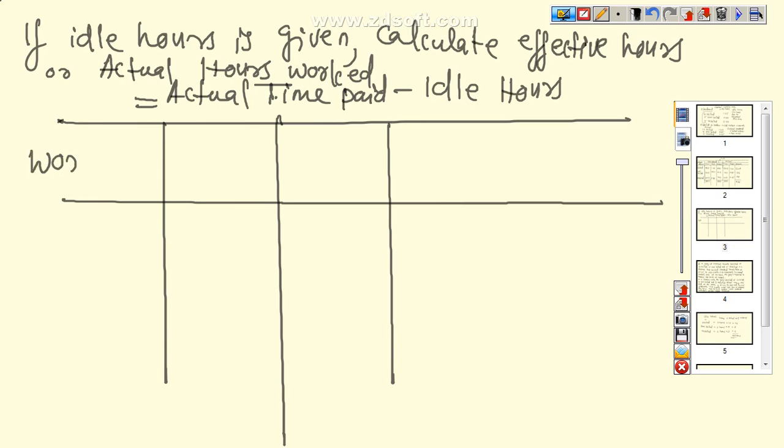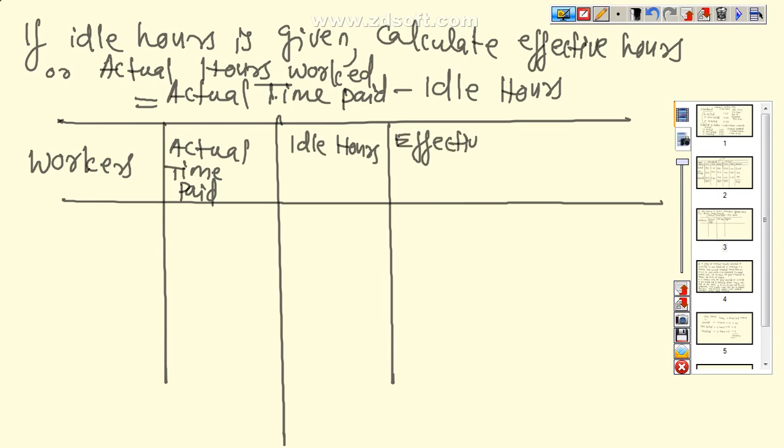Category of workers, here we write actual time, actual hours paid. Here we can write idle hours. Here we can write effective hours.